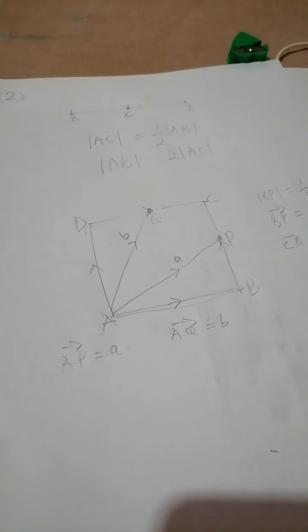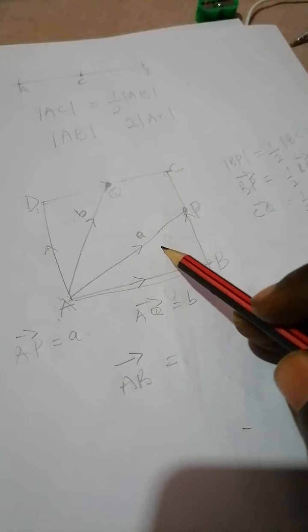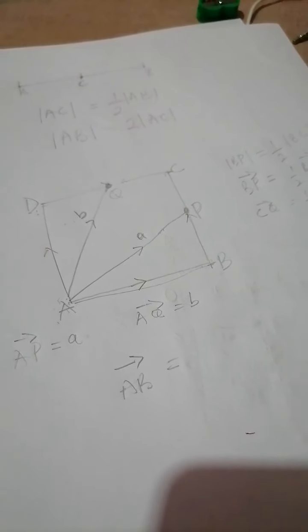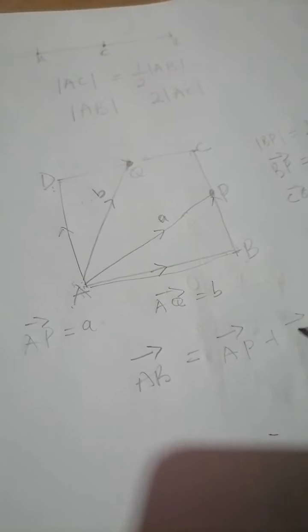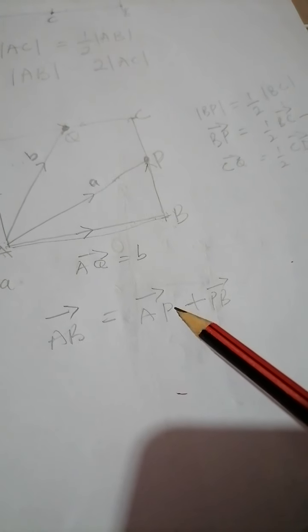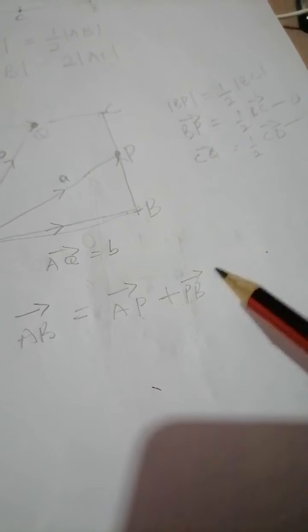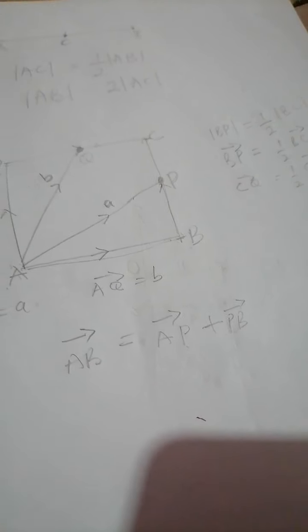I'm looking for vector AB, and from this analysis, the triangular addition of vectors, AB is supposed to be AP plus PB. For you to add two vectors, the end part of the first vector should be equal to the beginning part of the second vector, so they must have the same letters. So AP plus PB will give you AB.